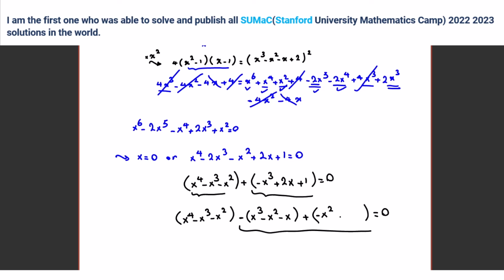This part should be equal to this one. Negative x squared, then what? Plus x plus 1. Exactly. Now all these three brackets are multiples of a common term, and the rest is not hard. Try the rest, okay? x squared minus x minus 1 whole squared.